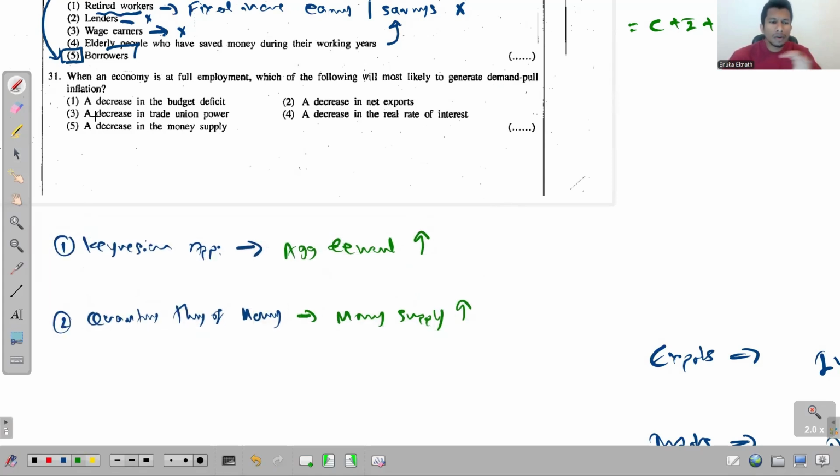Now we'll go through the given options and let's recognize the most suitable option. The first one says a decrease in budget deficit. A decrease in budget deficit means government income increases and government expenditure, if not government purchases, G, decreases.